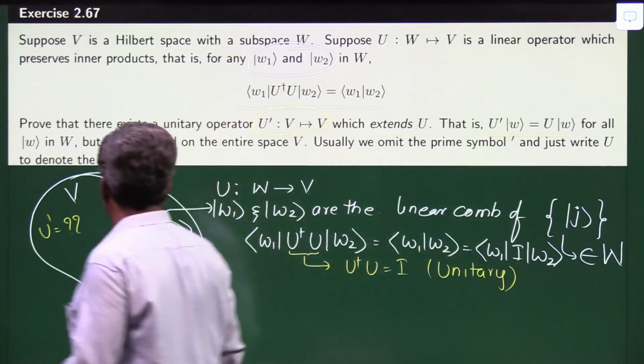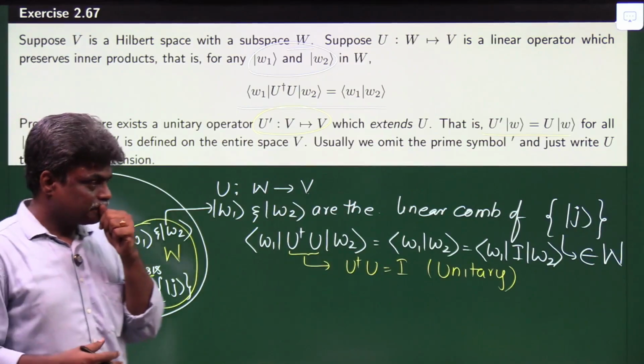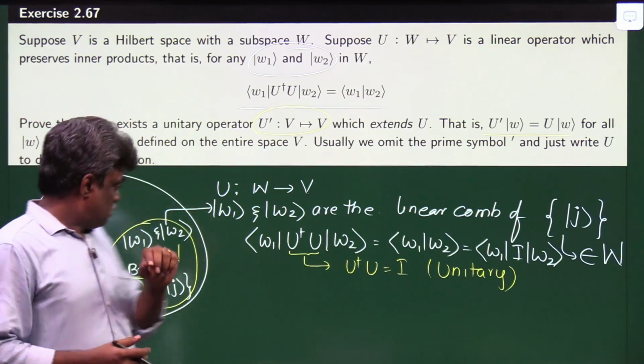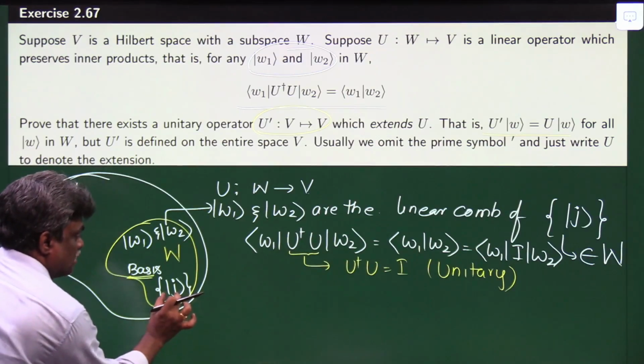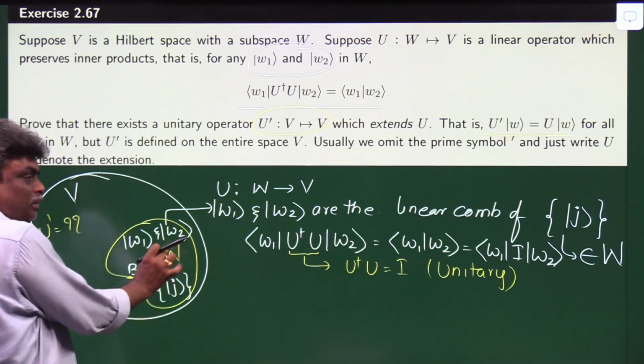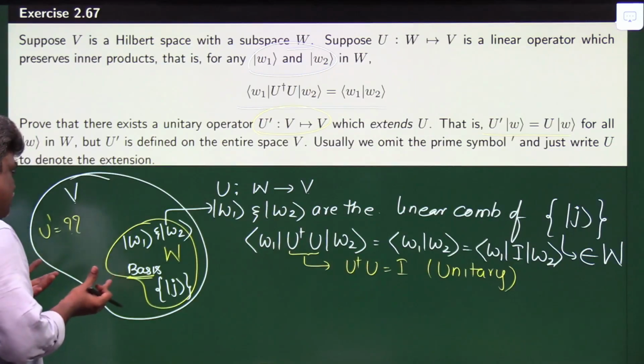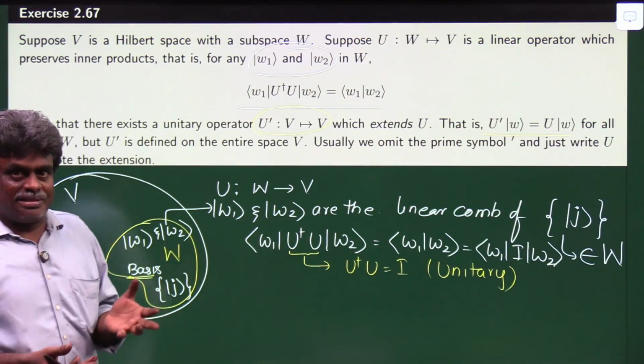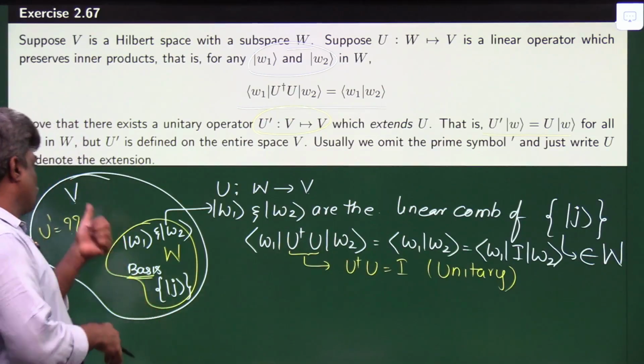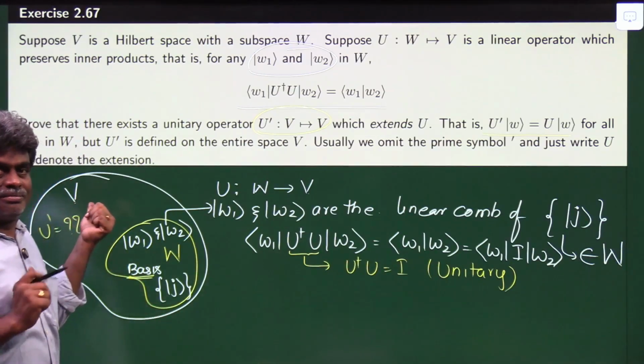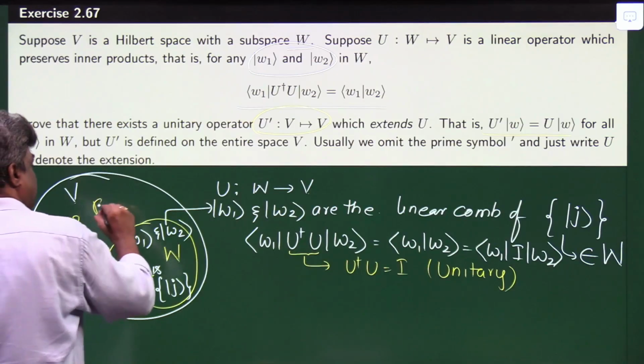Okay, let us proceed. Here these bases belong strictly to W only. So that means we need some other basis which belongs to V only. That's why I'm taking this basis.